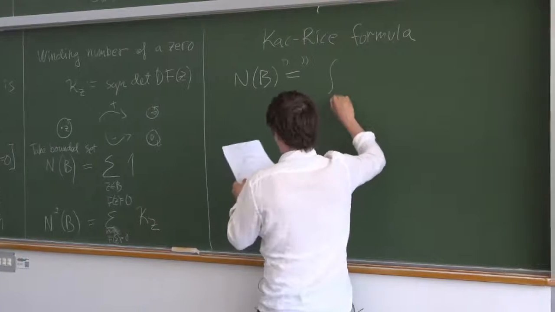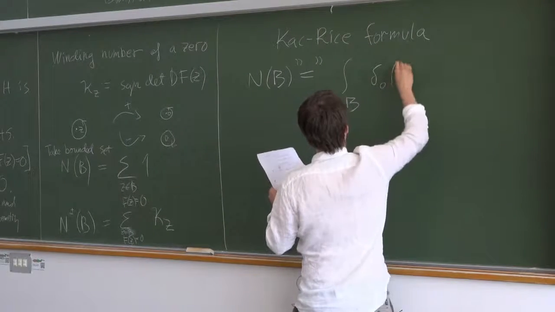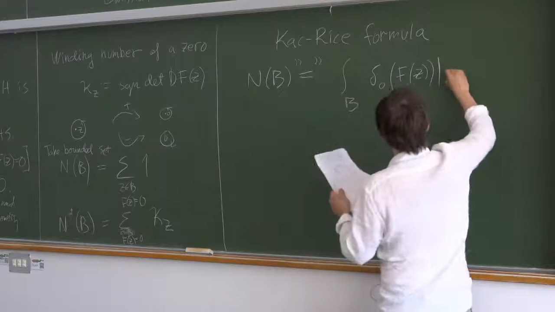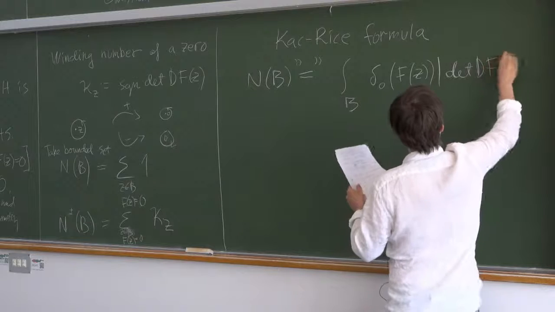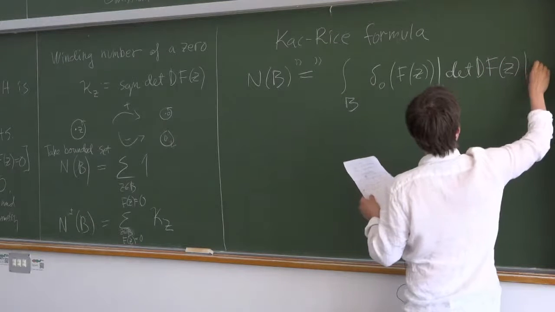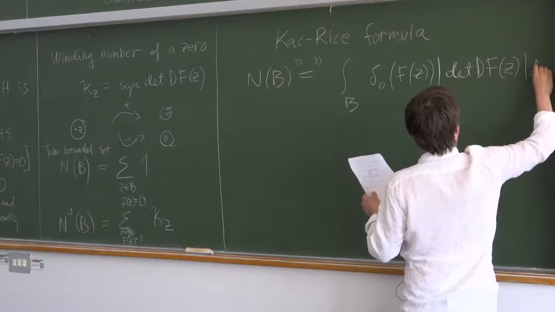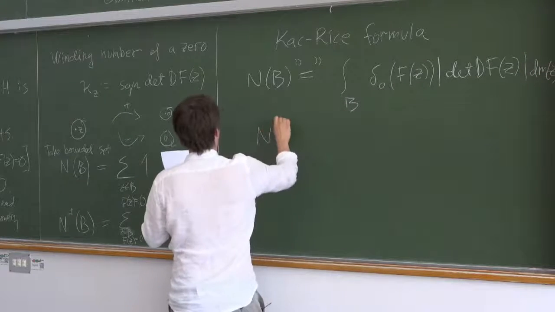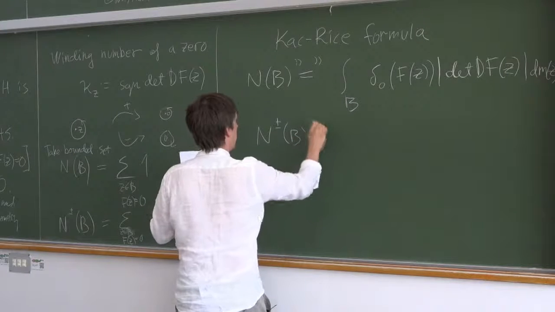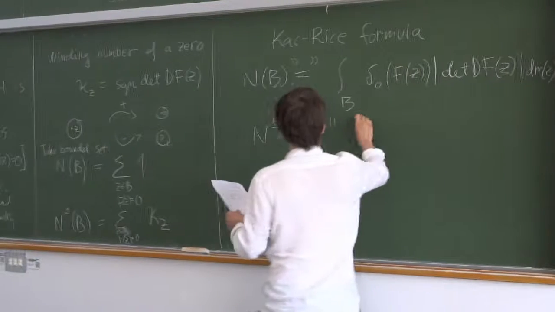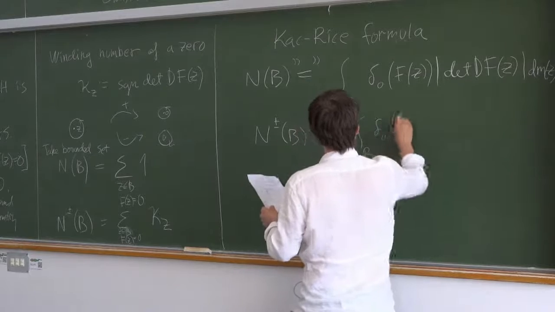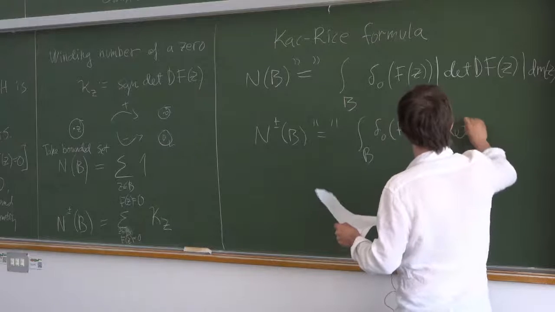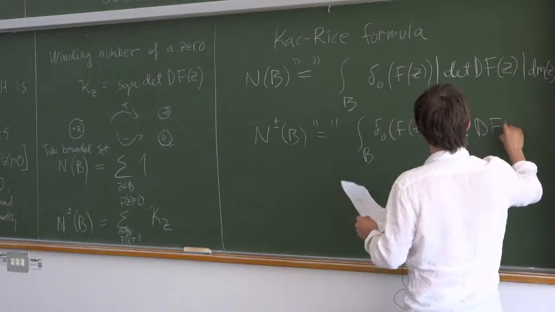But I have delta evaluated at F(z) times dF(z), and the same for the plus-minus version, but then I don't have the absolute value around the determinant.